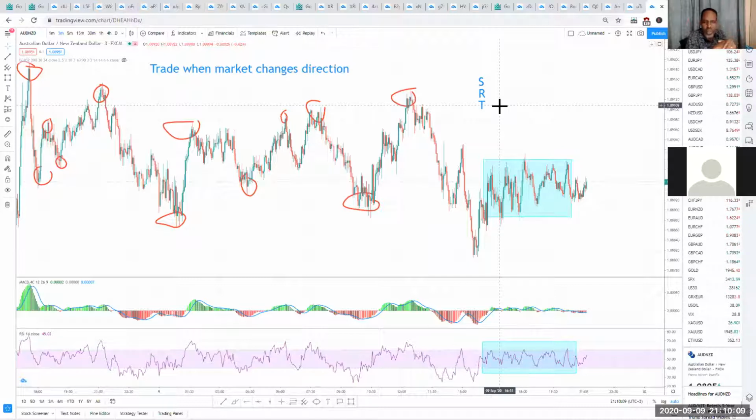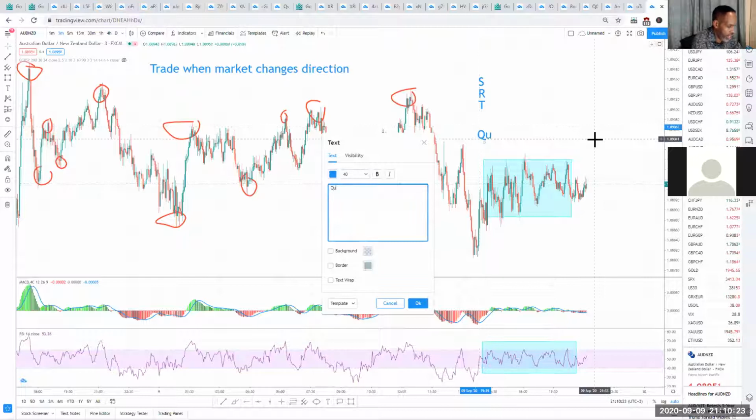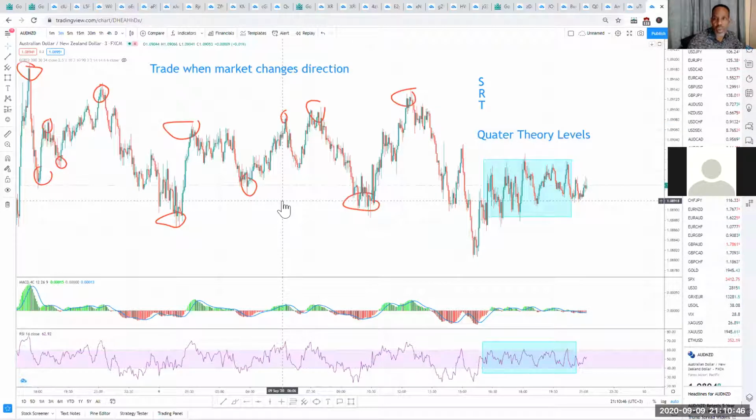Not today, but in addition to these SRTs, it is what is called quarter theory, quarter theory levels. This is especially how banks trade.